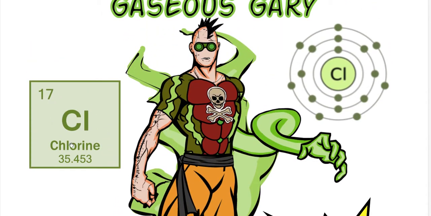So here is his square from his tile square, whatever you want to call it, from the periodic table. Chlorine is atomic number 17. This is the symbol, Cl, name, chlorine, and this is the atomic mass. Okay? And then you've got the electrons and the electron rings, the model of the element right over here.